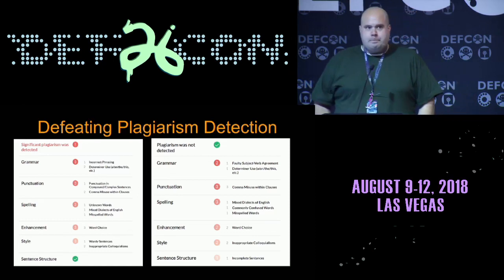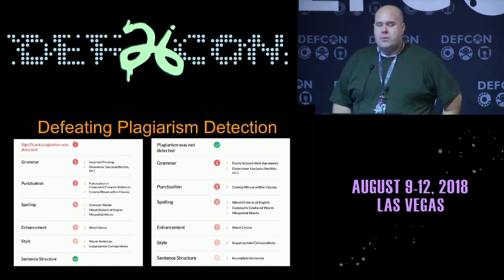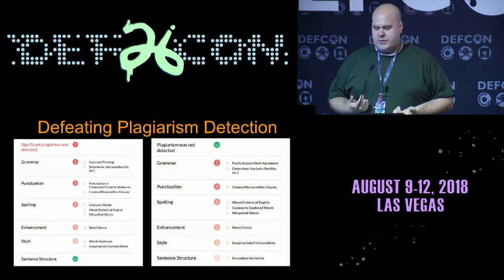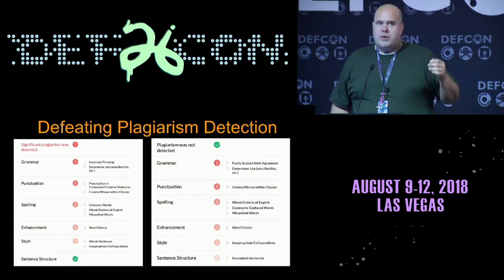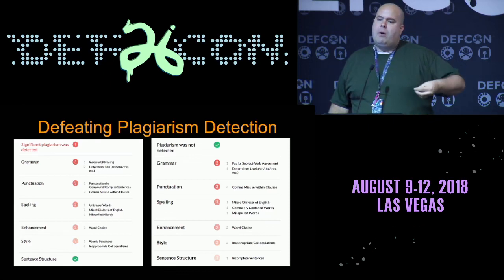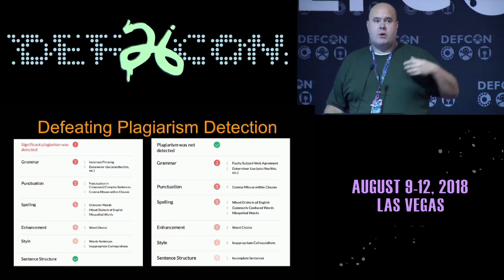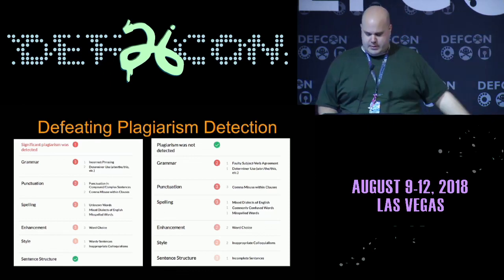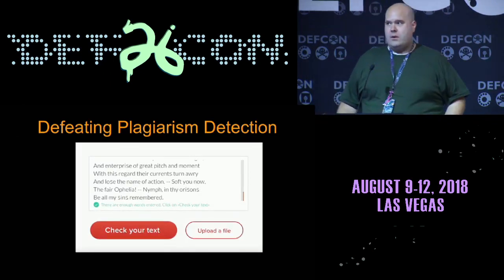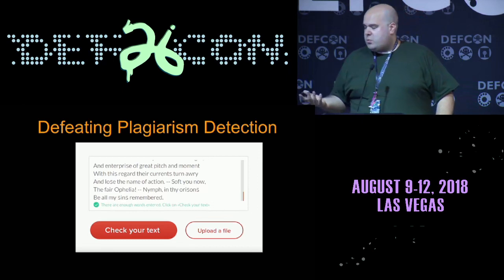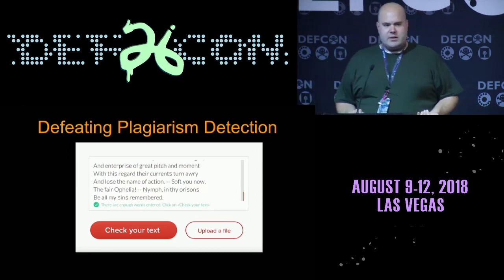I appreciate that. So what happens is if we swap in some homographic characters, it recreates text that, again, human beings can read, but the plagiarism detection engine can't figure out that it's the same text. And so it says, no, this is not plagiarized. And this is what the tail end of that passage looks like. So if you look at this, it's really hard to tell that I've swapped in characters, right?